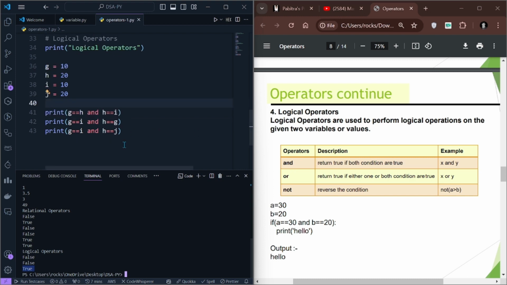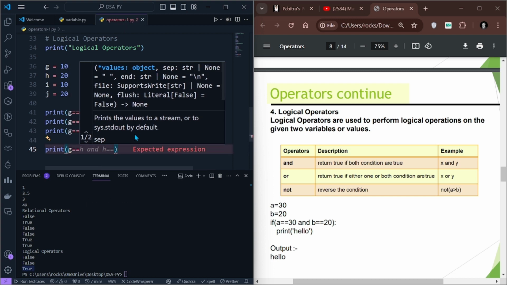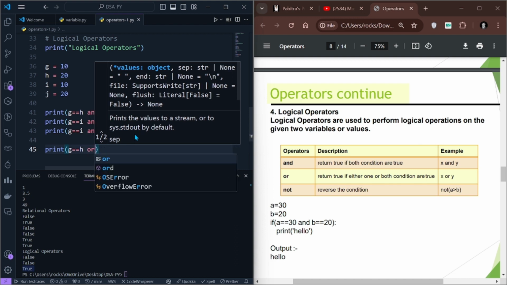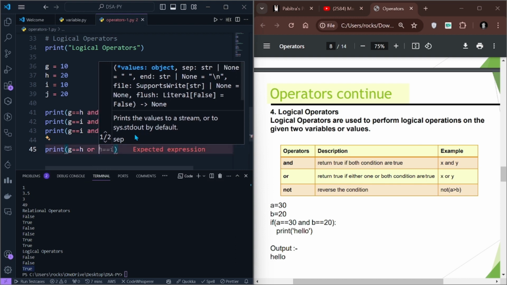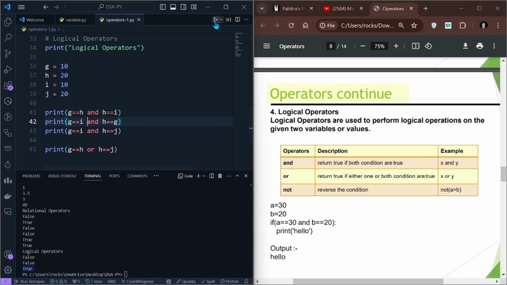Now we will discuss the logical OR operator. So I will simply use print G is equal to H, or H is equal to J. Let me print this first. Yes, it's returning true.